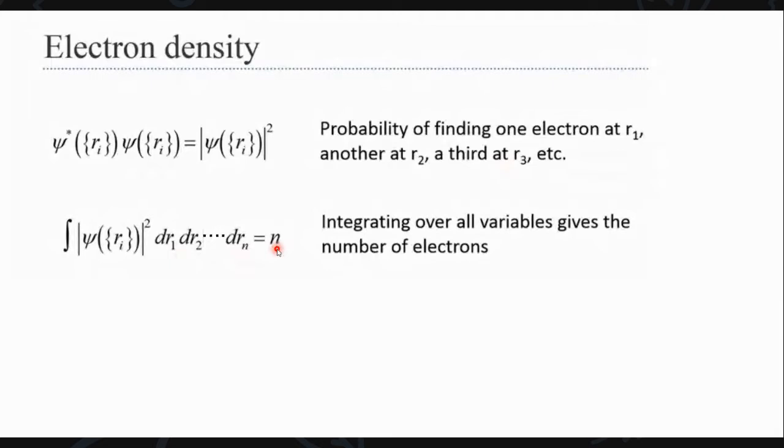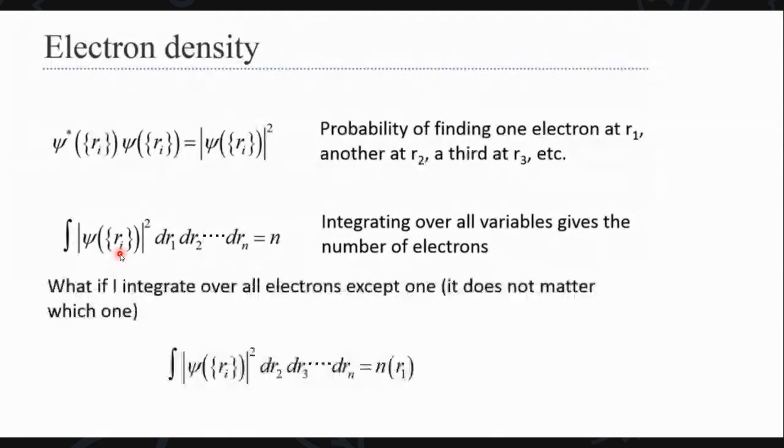What if I integrate the square of the wave function over all the space except one coordinate, like I do here? I consider all the variables, or all degrees of freedom, and I take the integral of the square of the wave function except R1.